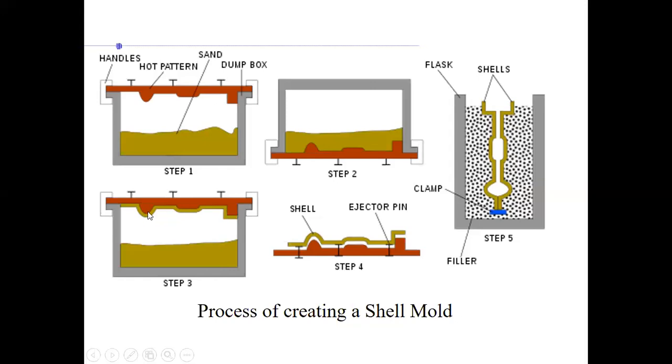You'll have some thickness because of this sand attaching to the pattern. And you see those pins, those are ejector pins. Here you see the ejector pin. This ejector pin is responsible for ejecting it, basically removing it from this heated pattern. Eject is what you mean.